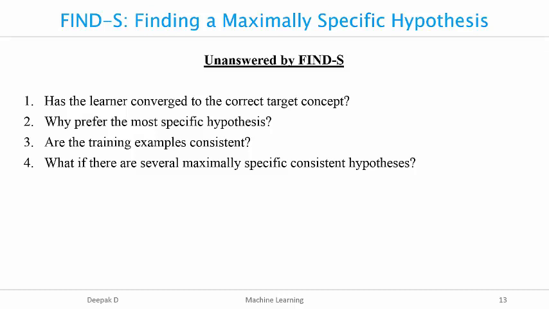The next question is why we need to prefer the most specific hypothesis. There may be multiple hypotheses which are consistent with the training examples, but Find-S will find the most specific. So it is unclear whether we should prefer this hypothesis over the most general or some other hypothesis of intermediate generality. And the third one is, are the training examples consistent?